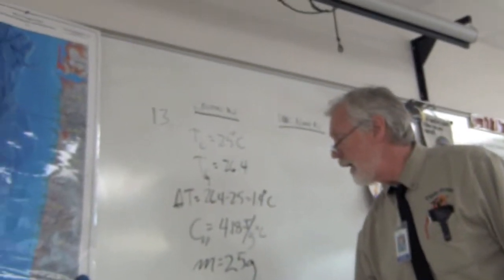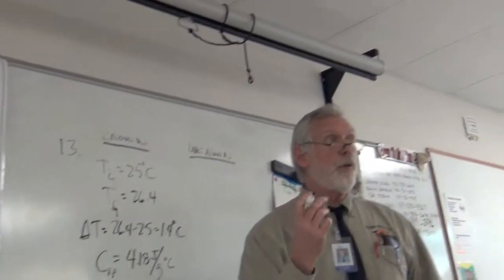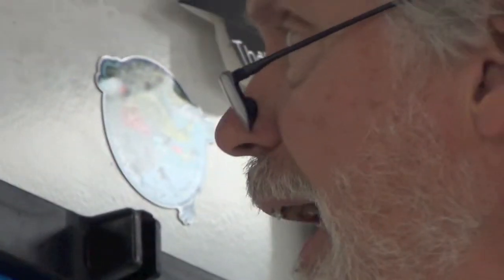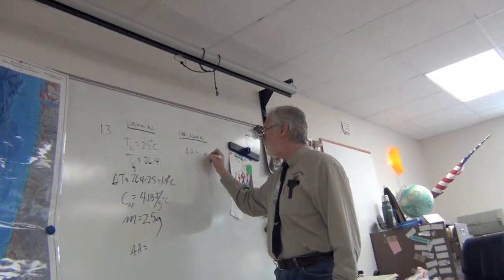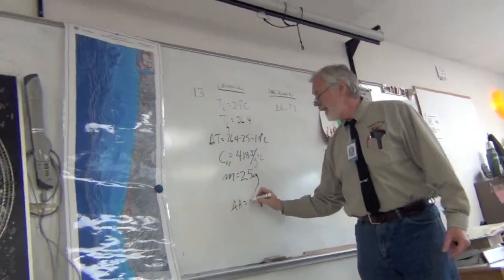So delta H. This is giving off heat, so we're going to be minus again. What's our unknown? It's got to be delta H, isn't it? In kilojoules or joules? Just joules. So we know this is going to be negative.